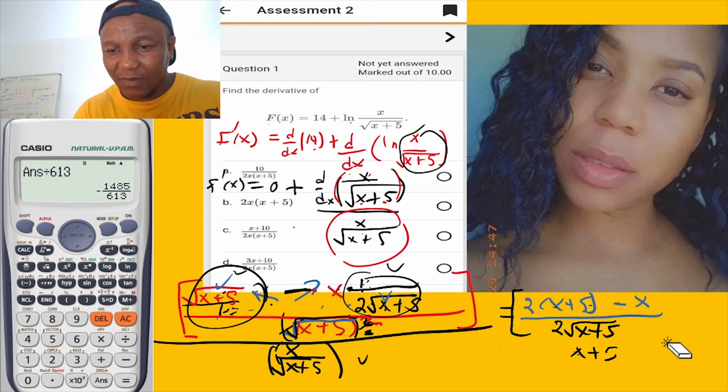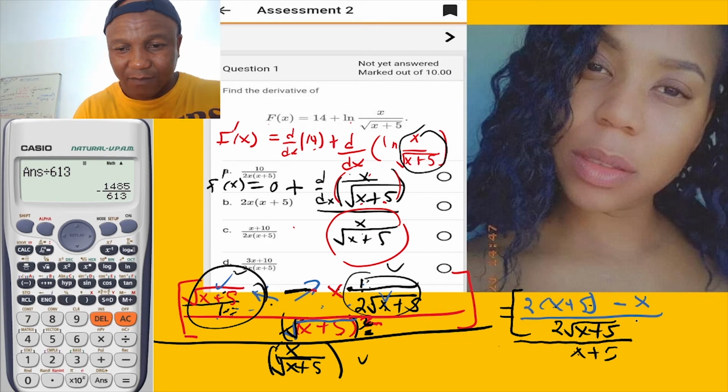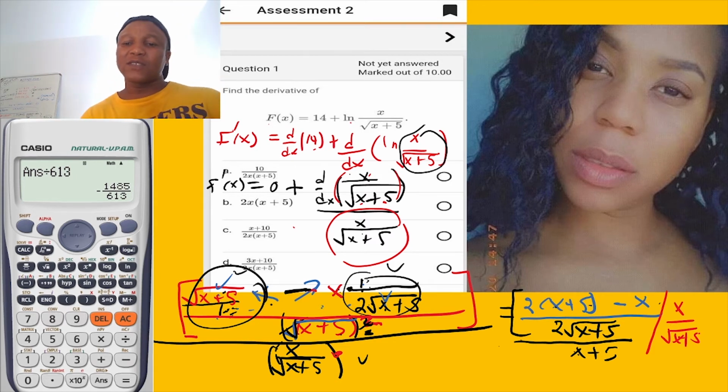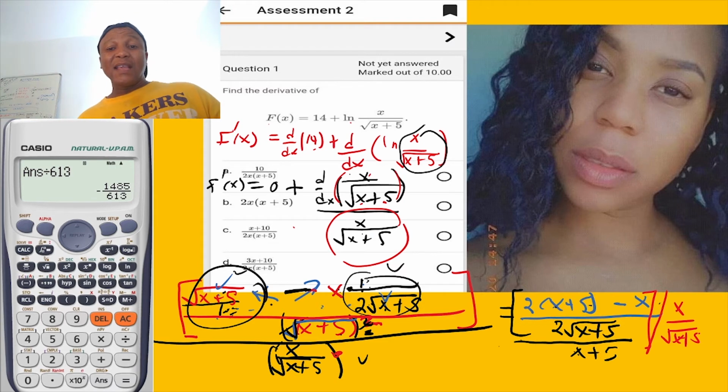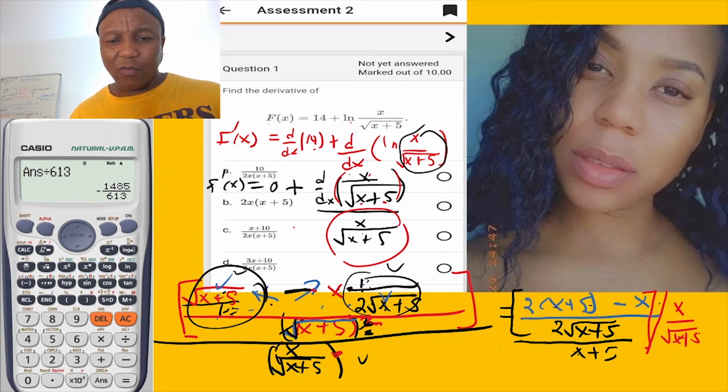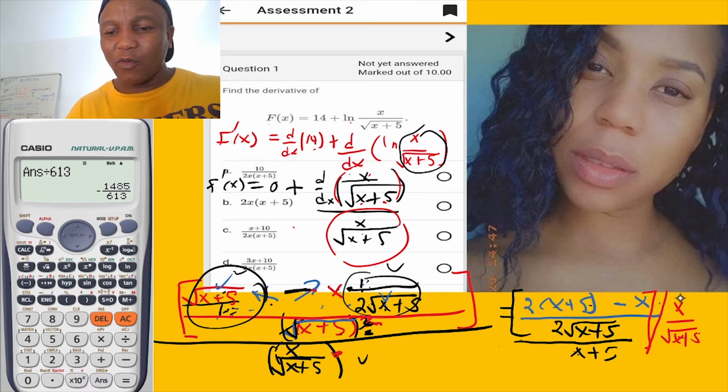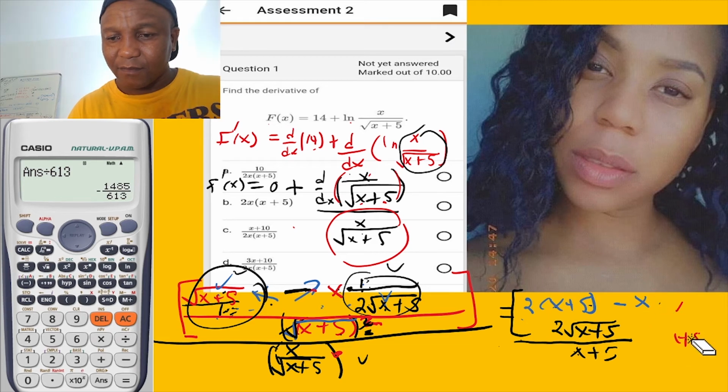Let me use the red pen, and then we put this stuff over x plus 5. So stuff like that, you can do this. I hope now it is very clear and very visible. Oh yes, I could even write underneath, no problem. Or if you don't want to write like that because of space, you can write under, it's no problem.